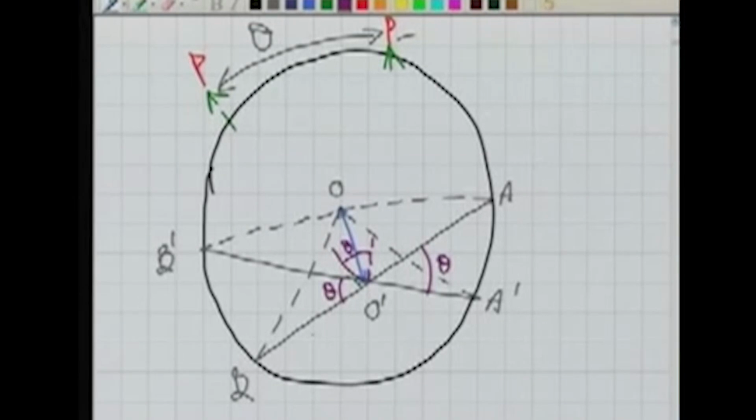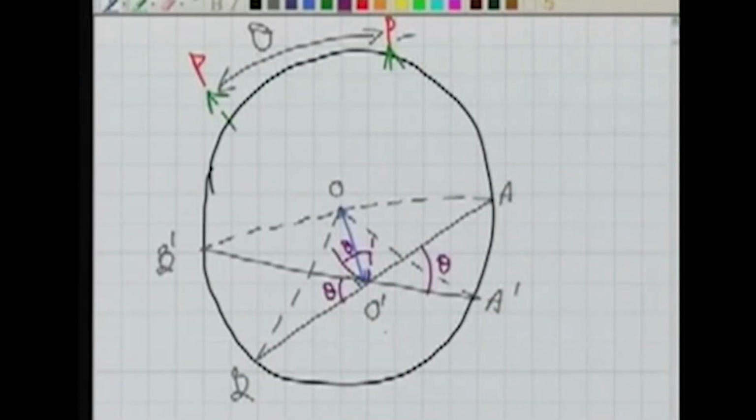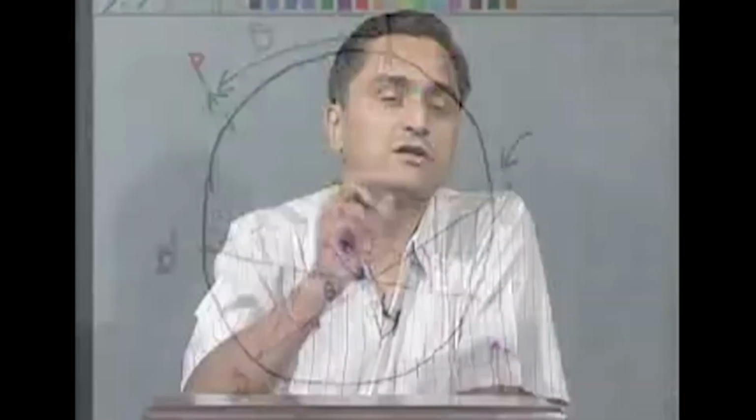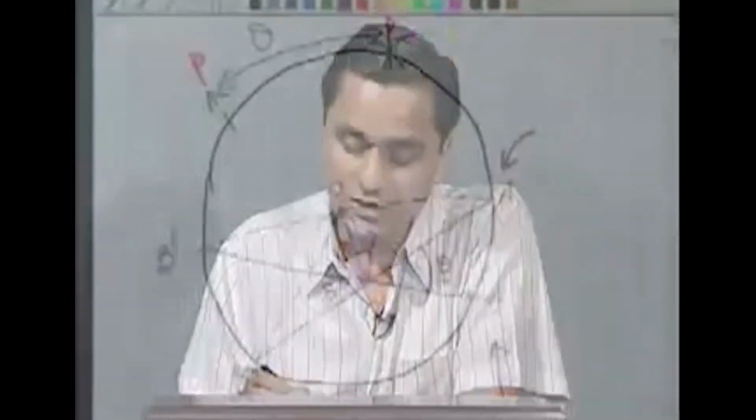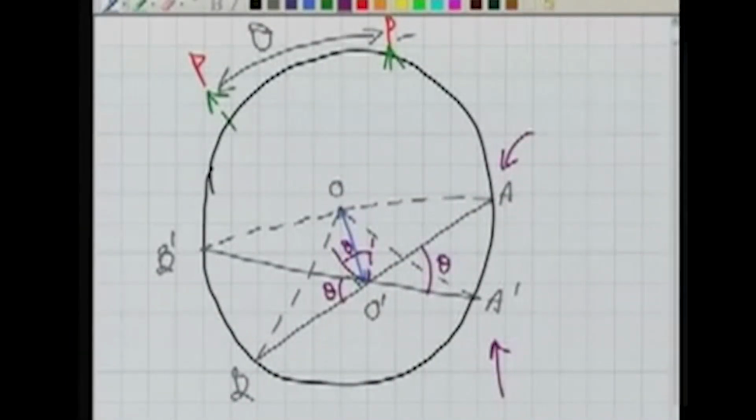But what we are reading, are we really reading this theta? When we are reading in the horizontal circle, we are reading a value corresponding to A and corresponding to A dash. And if you find the difference of these two readings, will it give us theta? It will not give us theta, because we are not reading this theta, we are reading some other value here. Let's say if it is alpha and this is beta here.